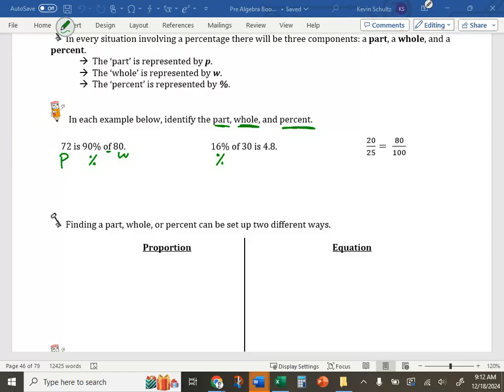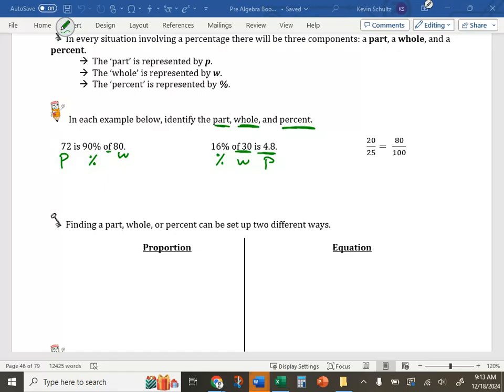Yeah, we kind of have this of 30. And I didn't mention it in the previous one, but what word kind of hangs around the part a little bit? Is. Okay, that can be a hint for the part, right? So the word of is a good hint for the whole. The word is is a good hint for the part.